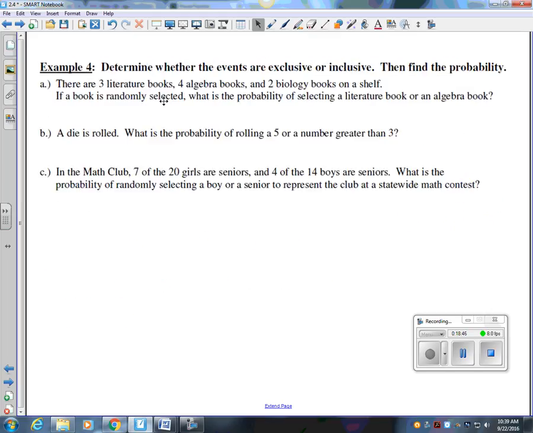Jonah, read A for us. Good. Kirsten, what's the probability of a literature book?